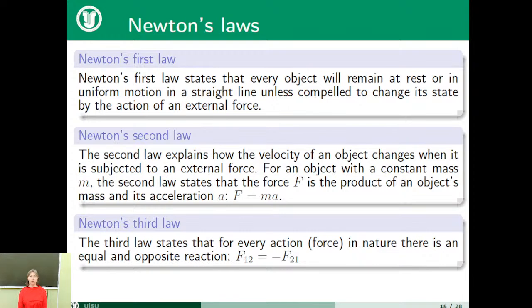And then dynamics and Newton's laws. We have seen that part of physics is a study of motion, including acceleration, which is a change in velocity. Physics is also a study of what can cause an object to accelerate. That cause is a force, which is, loosely speaking, a push or pull on the object.